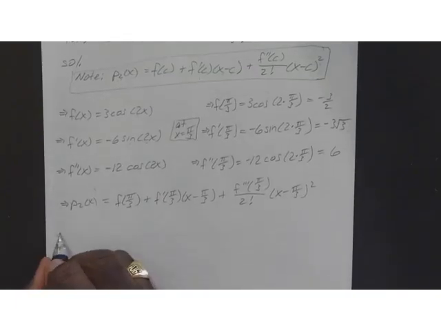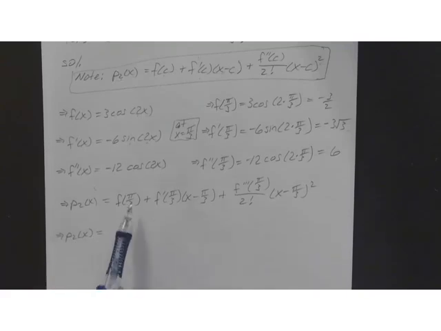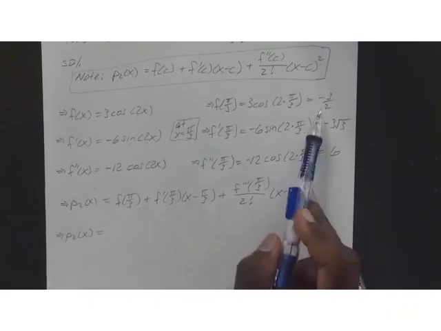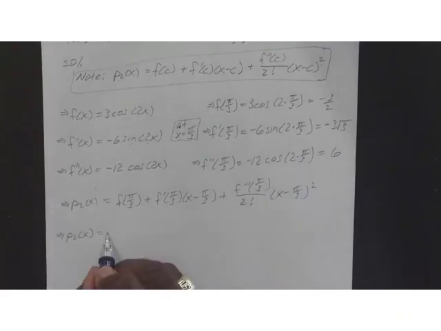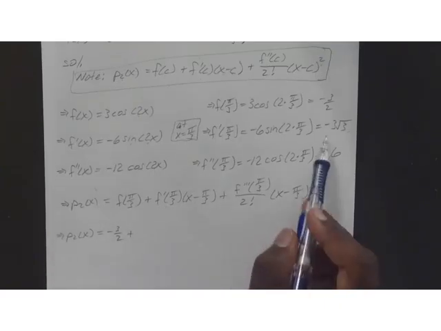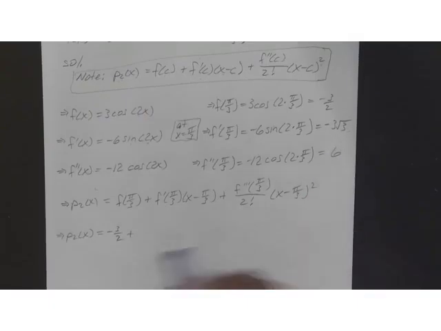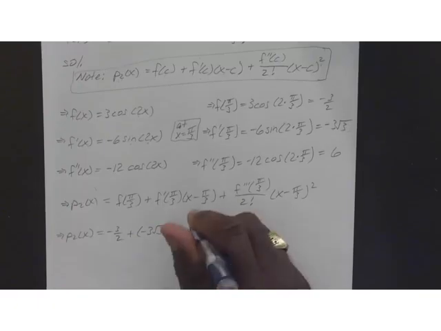Okay, so we can simplify this. So our p sub 2 of x is equal to f of pi over 3, which is negative 3 over 2, plus f prime of pi over 3, which is negative 3 square root of 3, times x minus pi over 3. And let me clean that up a little bit.